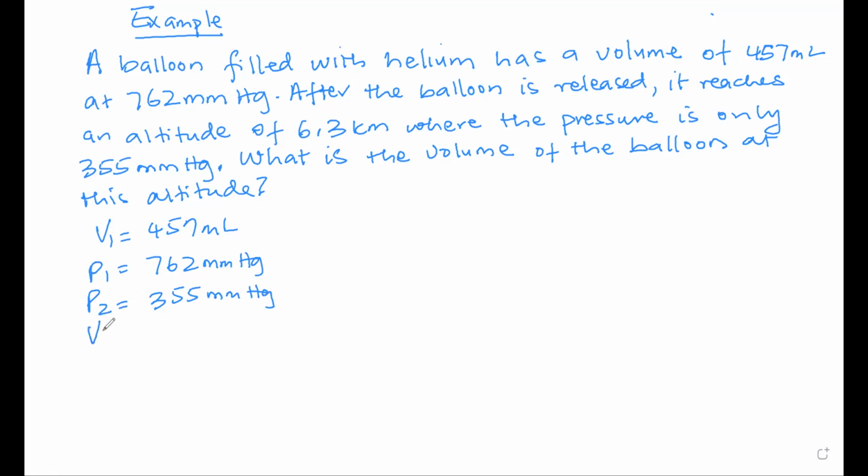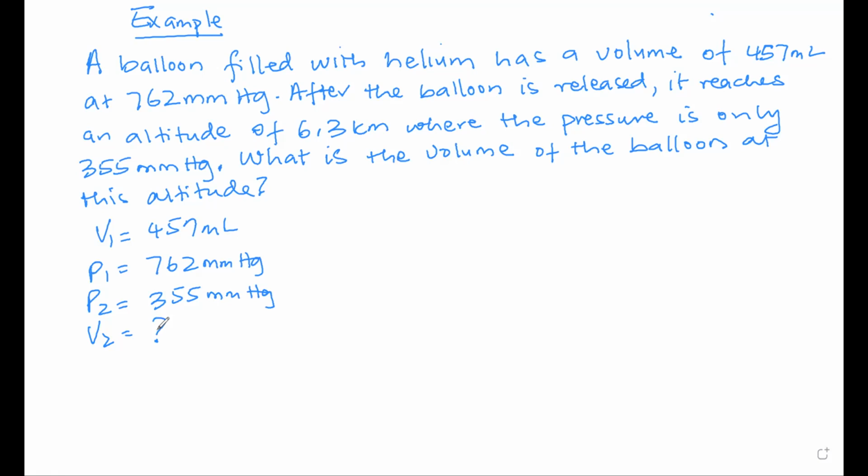Then what is the volume of the balloon at this altitude? So what is the final volume? This is, I think, a straightforward question. So this is relationship between pressure and volume. So the temperature is constant.